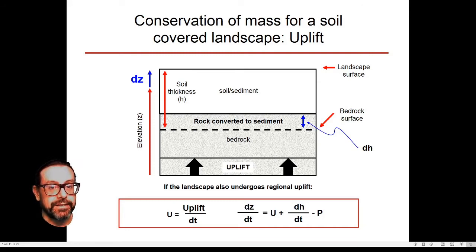The uplift rate is the amount of uplift we have with respect to time. And so then we can rewrite that equation and say the change in landscape elevation with respect to time is equal to the uplift rate plus the change in soil thickness with respect to time minus the soil production rate.